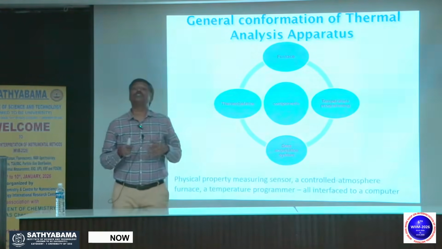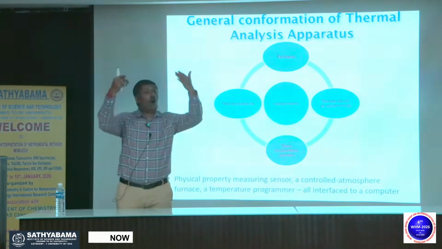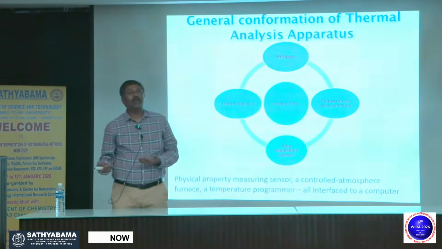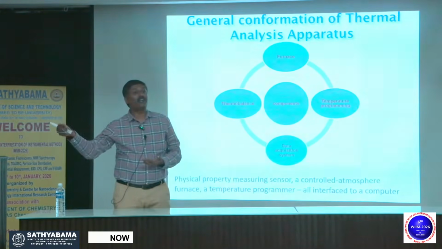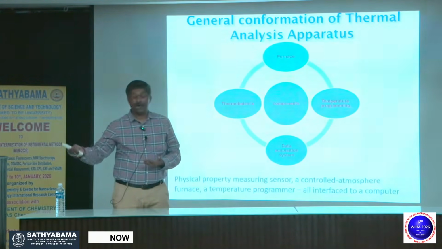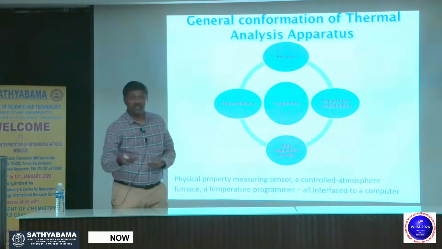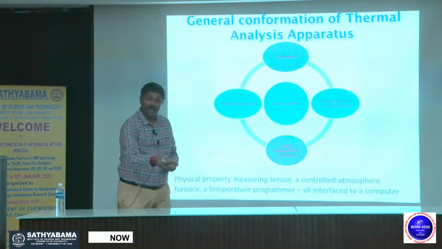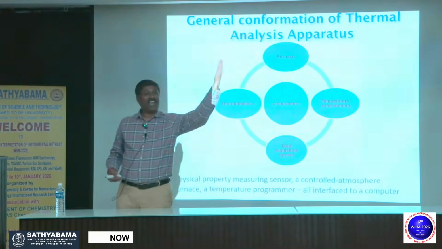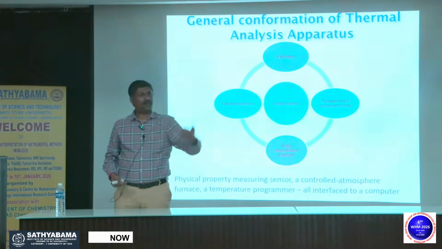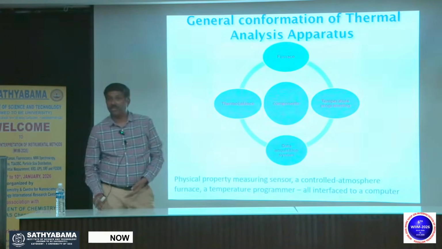So the data acquisition system should give you all the data. Sample you put, by mistake instead of 10 milligram you have taken 9.5, it should measure. It should say your initial sample weight is 9.5 milligram. The temperature scanning rate is 10 degrees Celsius per minute. Your temperature run was for 3 hours.